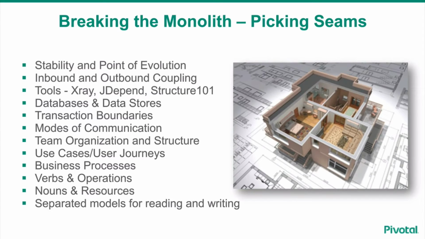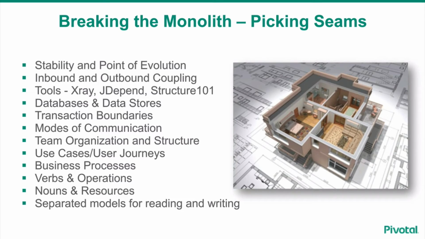The other things to look for when you are trying to identify seams are nouns and resources. If you have a ubiquitous language, or if you have domain experts for the app, ask them about the specific classes, the actual entities and the objects that constitute the application.